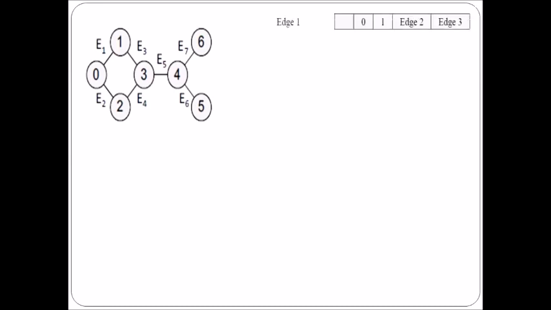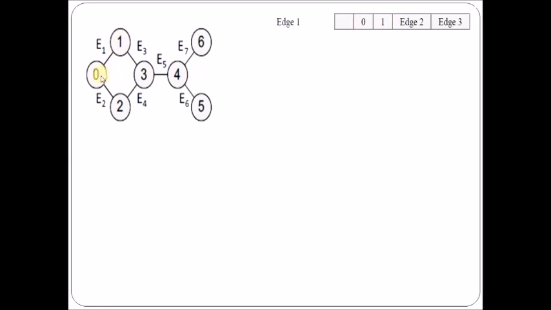Consider edge 1 now. Here the value of M means whether we visited the edge or not. Here edge E1 has a starting node 0 and an ending node 1. So I have written here 0 as the source, 1 as the destination.